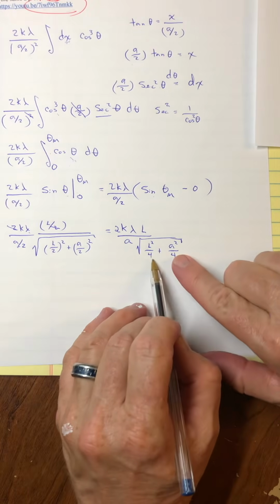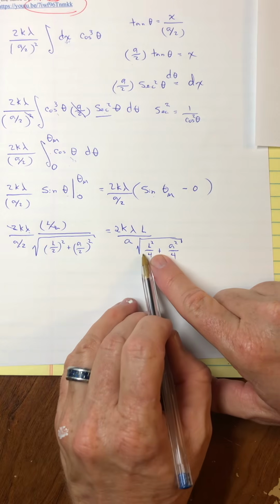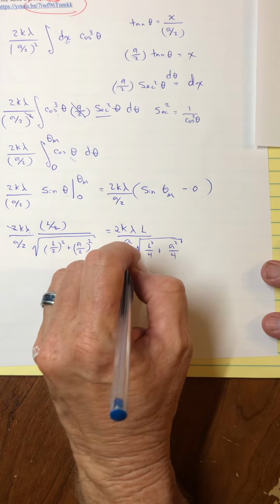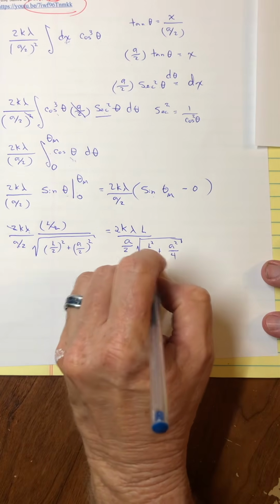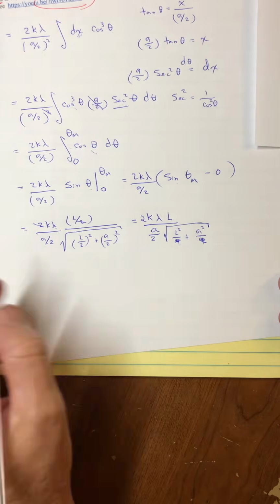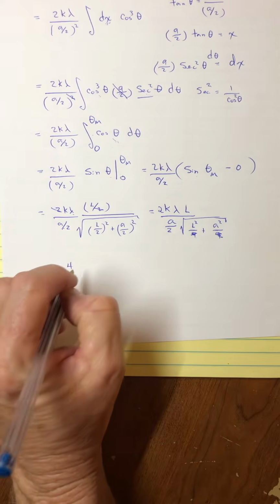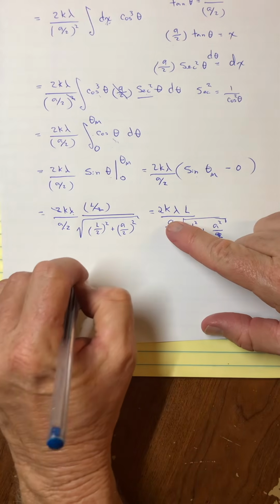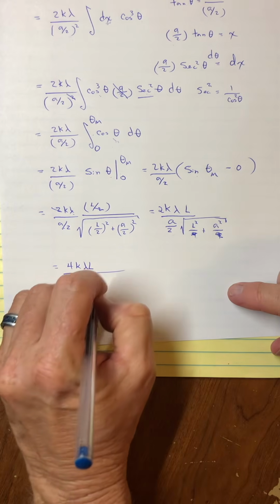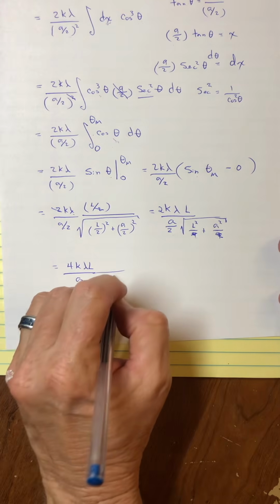Now, this 4 can be factored forward, and then we would have 1/4, and then we can square root it by itself, so we would get 1/2. So I'm going to put a 1/2 and then cancel that off. And then this can flip over, and so this is a 4 times a Coulomb's constant times a lambda times an L over A all over the square root of L squared plus A squared.